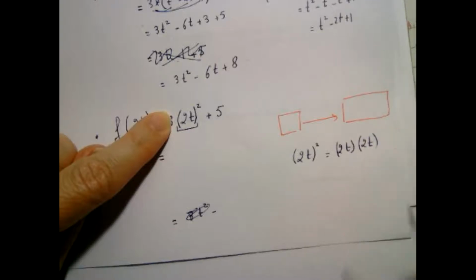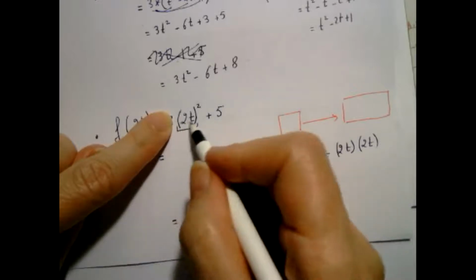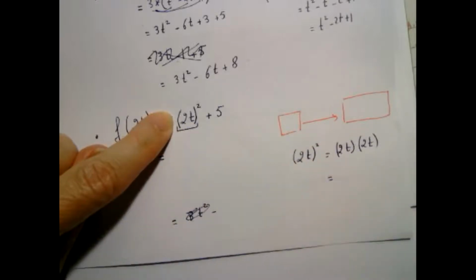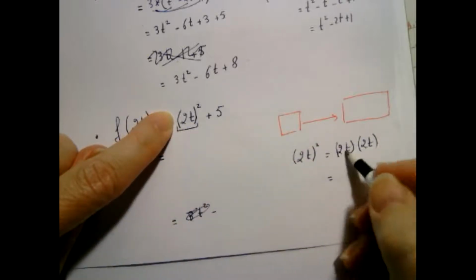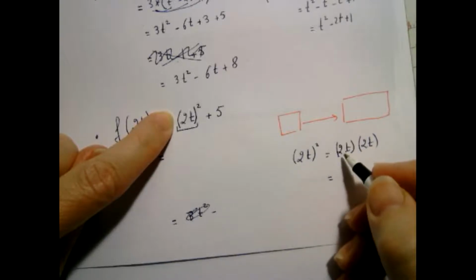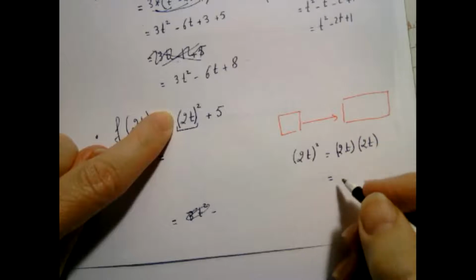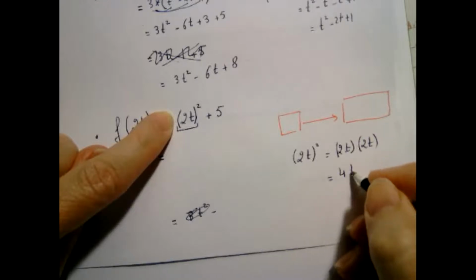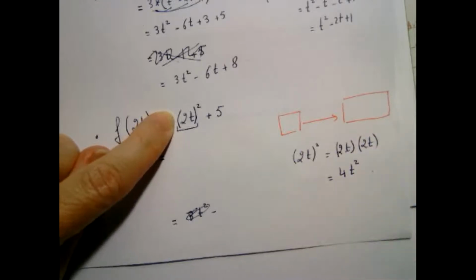So you don't multiply the 3 by 2? You can't multiply the 3 by 2 because the 2t is between parentheses. It means the 2 itself is being squared as well. Are you with me? Now, what do I get? 2 times 2 is 4, so 4t squared.